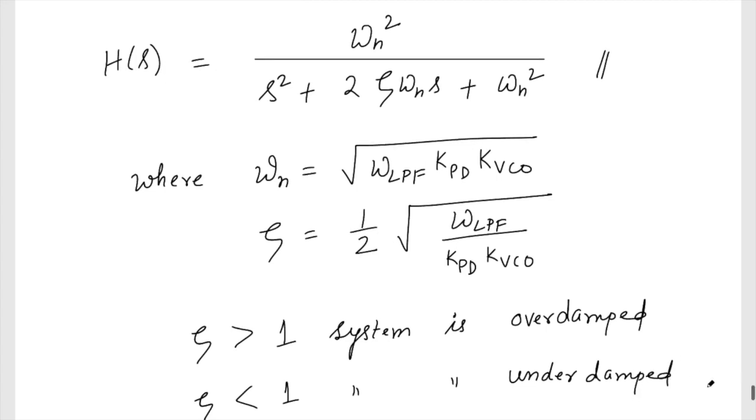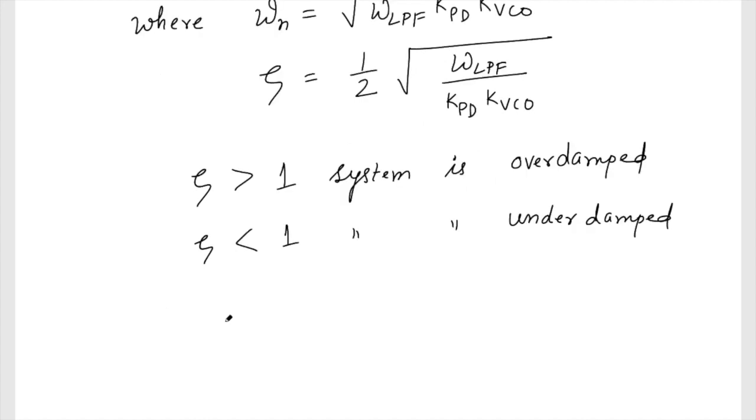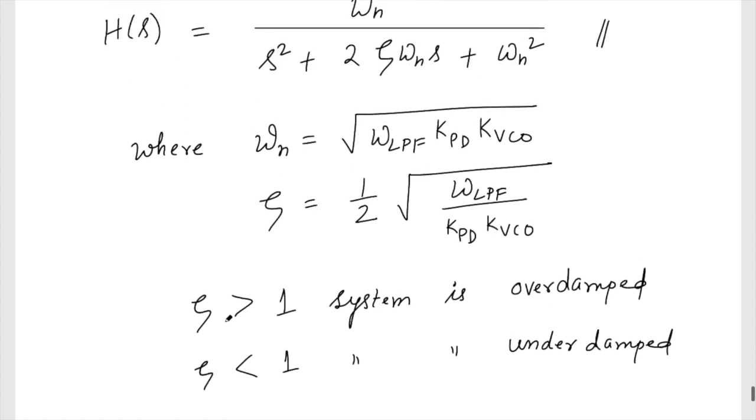By this we can analyze the PLL and design whether we want to make it overdamped or underdamped. Whatever techniques we use to analyze a second order system are applicable here. But now how do we visualize it?